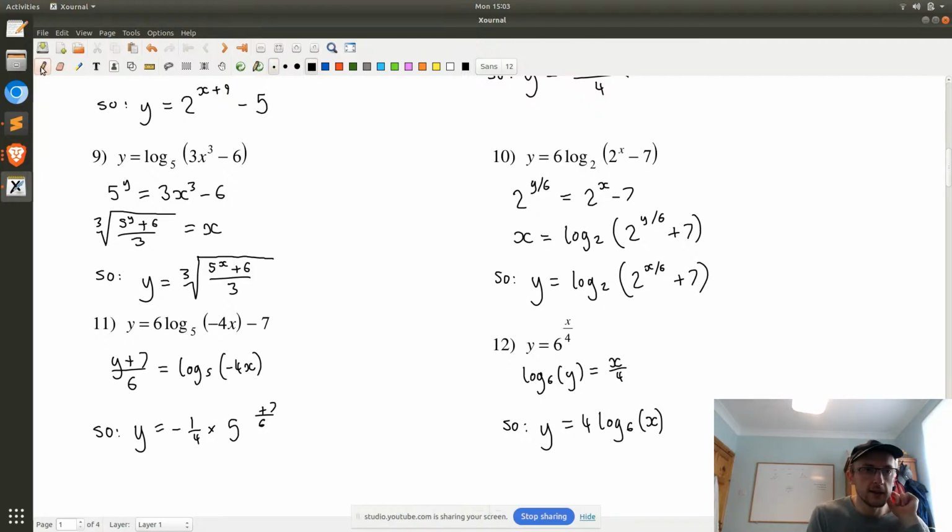That should be an x. Okay, that's all good. And this here, they wanted you to use that law where you have it there like that, but that's totally fine, equivalent.